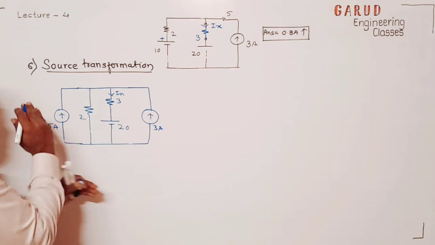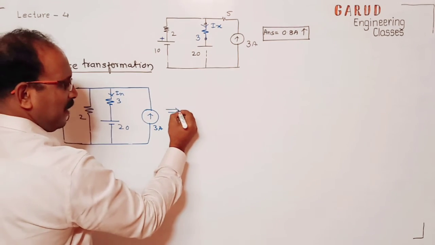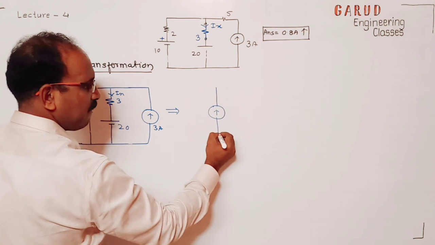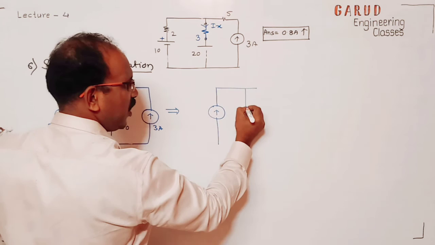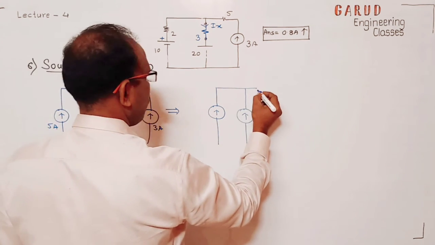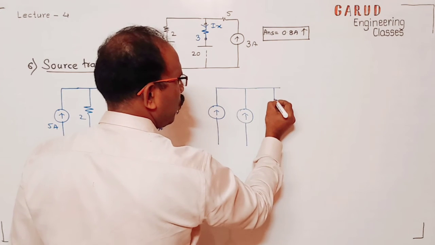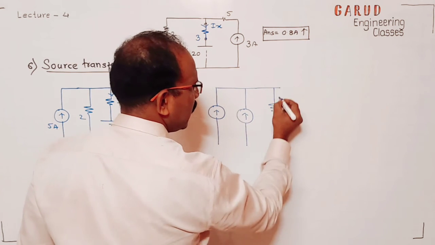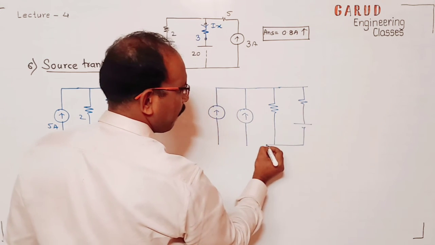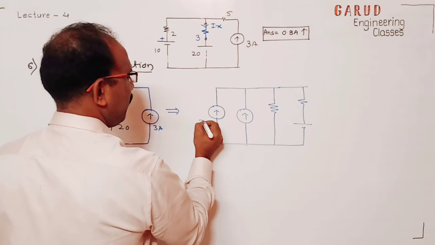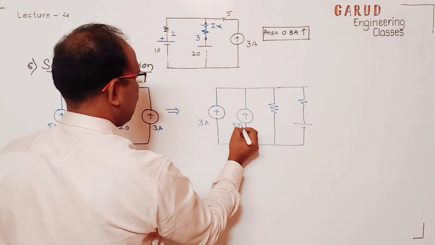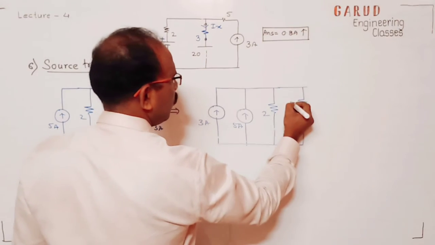I can shuffle this side, so next will be 3 amperes here, and 5 amperes, with the 2 ohm resistor. This is your original branch, with the 3 amperes and 5 amperes, 2 and 3.